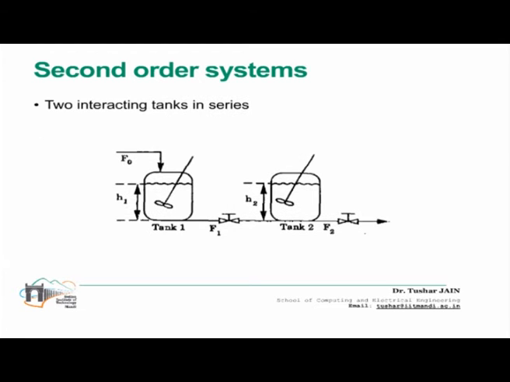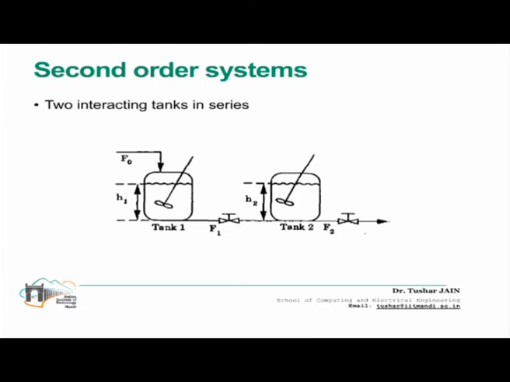Okay. Now the case of two interacting tanks in series. And why is it called interacting tanks? Because we have a valve, a mechanical valve associated with both the tanks, which regulates the flow.